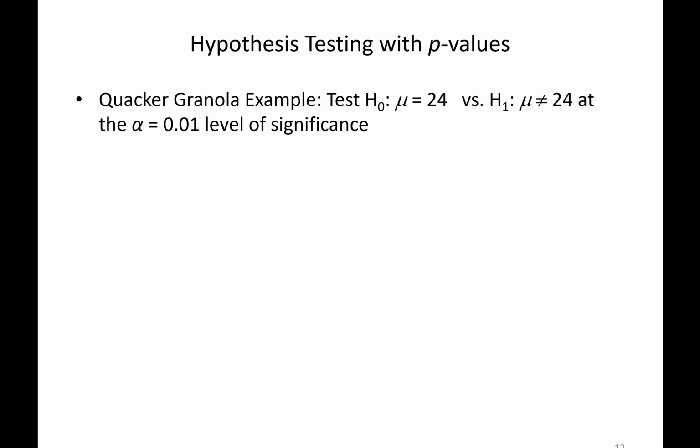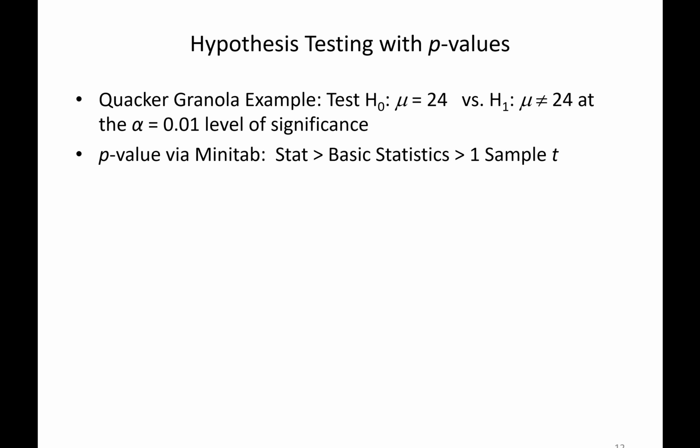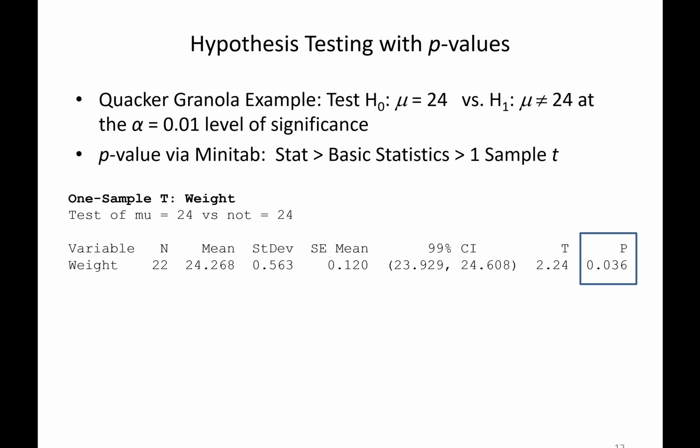And so let's look at the output in Minitab. If you go Stat, Basic Statistics, One Sample t, put in the data that you can find in the PowerPoint that goes along with the last video, we see that we have the test of mu equals 24 versus not 24.